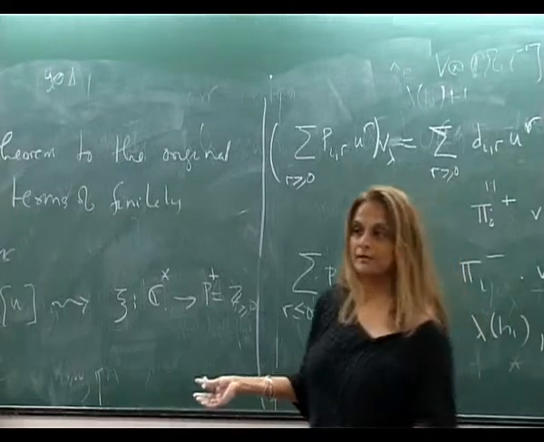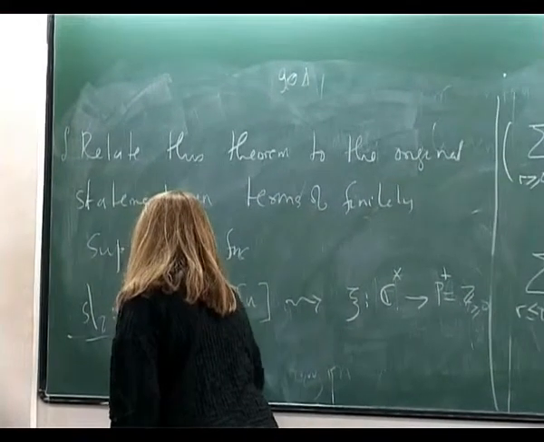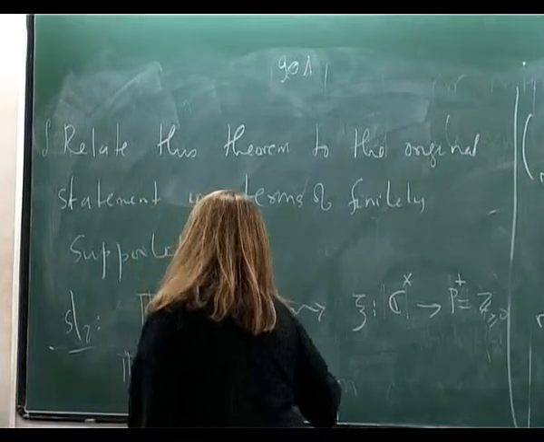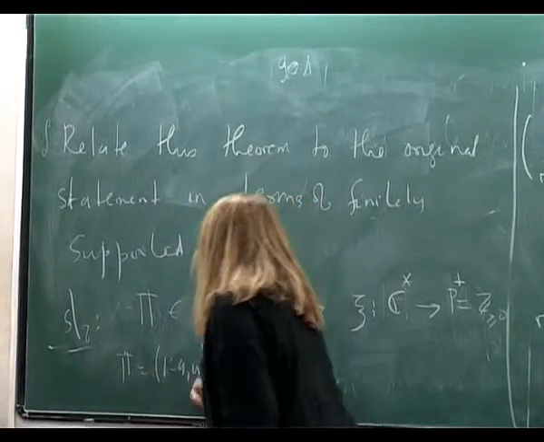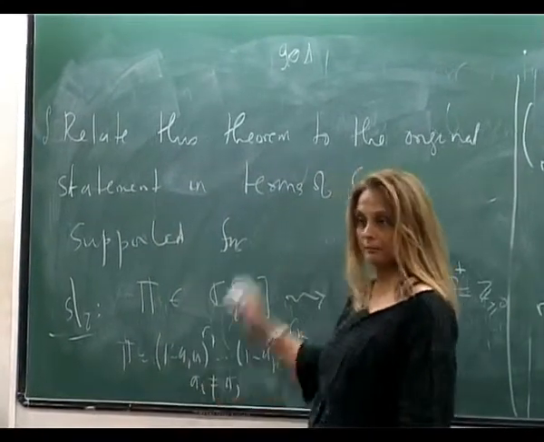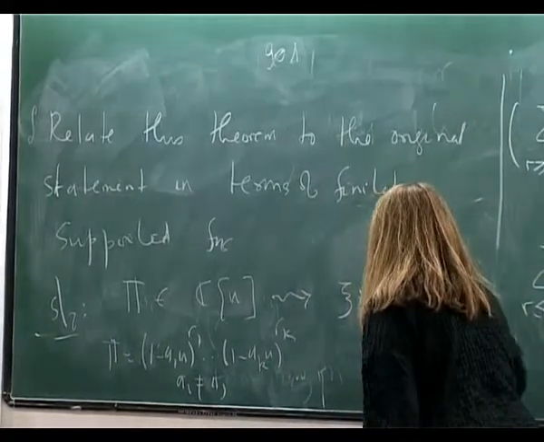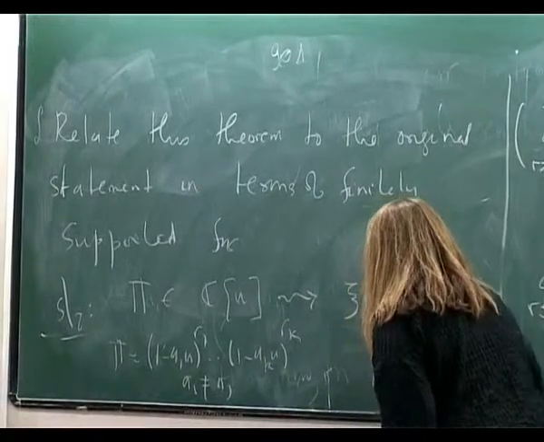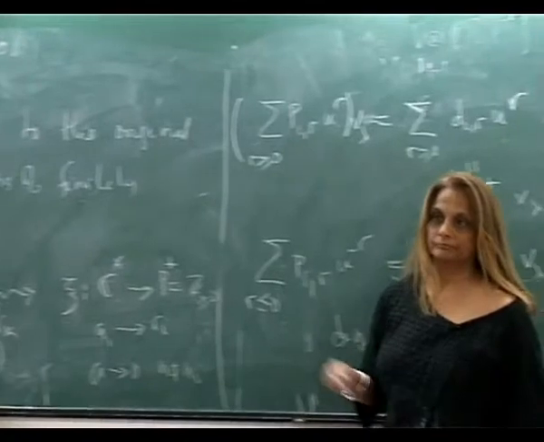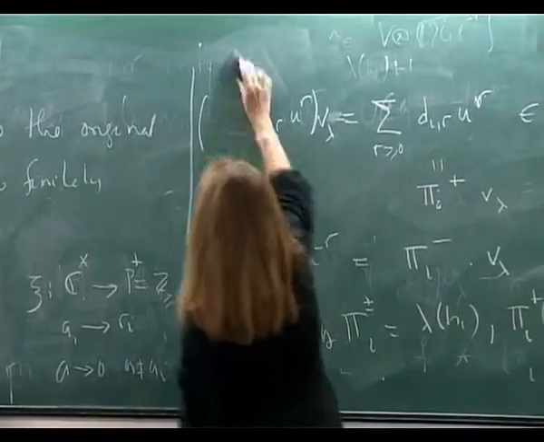And that gives me my finitely supported function, right? So you write pi out as (1 minus a1 u) to the r1 times ... times (1 minus ak u) to the rk, where the ai's are all distinct. This corresponds to taking different points. And then I send ai to ri, and a to 0 if a is not equal to any ai. And so I have my representation.